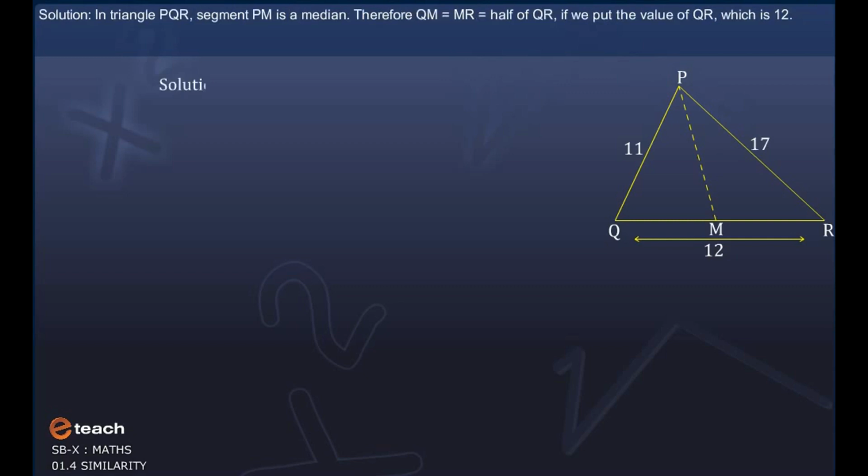Now the solution. In triangle PQR, segment PM is a median. Therefore, QM is equal to MR is equal to half of QR.